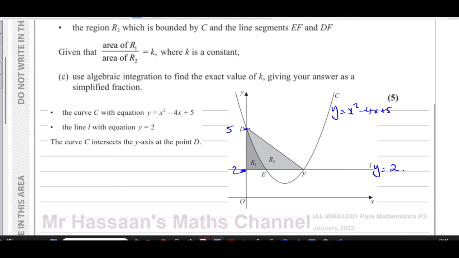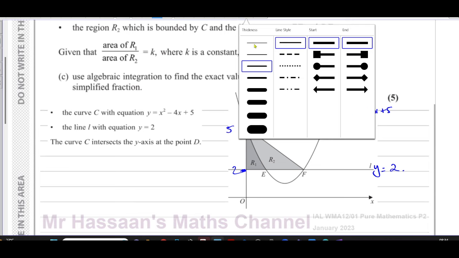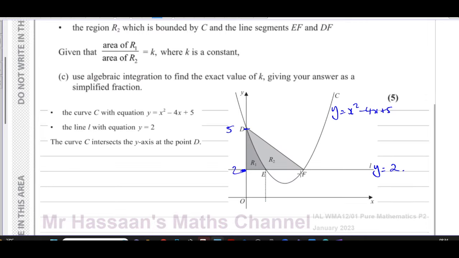And we also figured out the x coordinates of these two points, E and F. They were 1 and 3, so there we have 1 here and 3 here, the x coordinates of E and F.